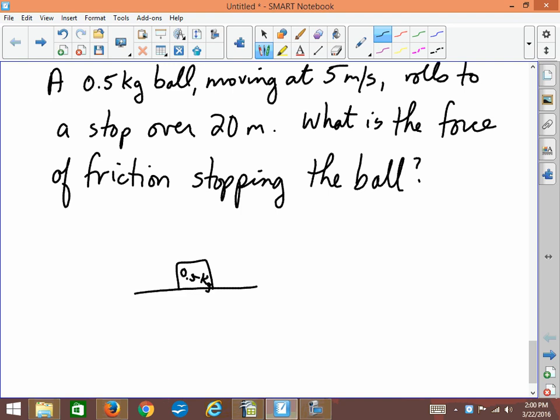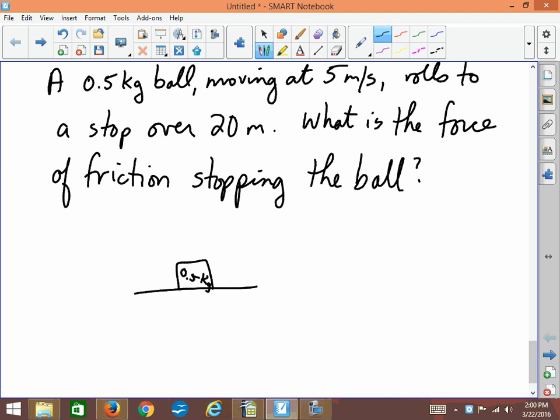Well, what's happening? Let's do our free body diagram. Is anything pushing this ball? No. It's rolling. Somebody must have pushed it before, but right now, while it's rolling, no one's touching it. So there is no applied force. Nobody's pushing the ball, there's nothing that's causing the ball to sort of move.